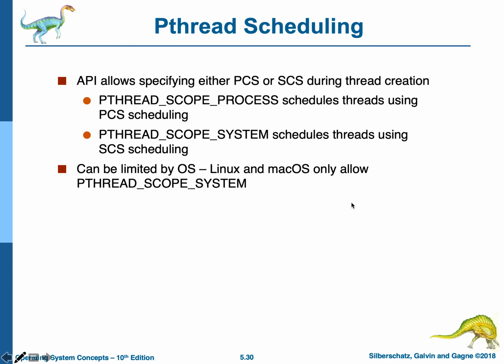Looking at the programming side, when you are dealing with process contention scope in Pthread scheduling, it's PTHREAD_SCOPE_PROCESS. Whenever it is system contention scope, it's PTHREAD_SCOPE_SYSTEM.